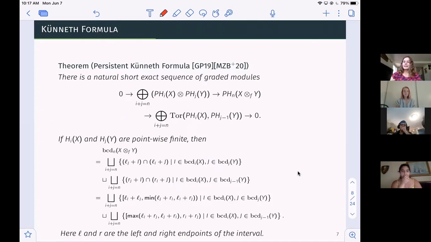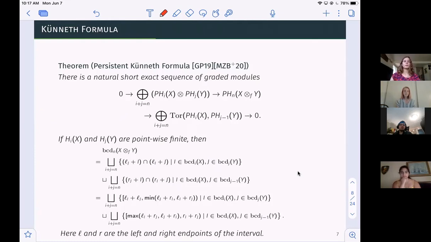The reason we want these additive energy functions is that we want to use something called the persistent Kunneth formula. The Kunneth formula has been around for a hot minute. I found it in Hatcher when I was first doing research for this project. And my academic older brother, Joshua Mirth, worked on this project before me and figured out that the persistent Kunneth formula, found in this paper by Perea and his co-author, is actually going to apply to this situation.